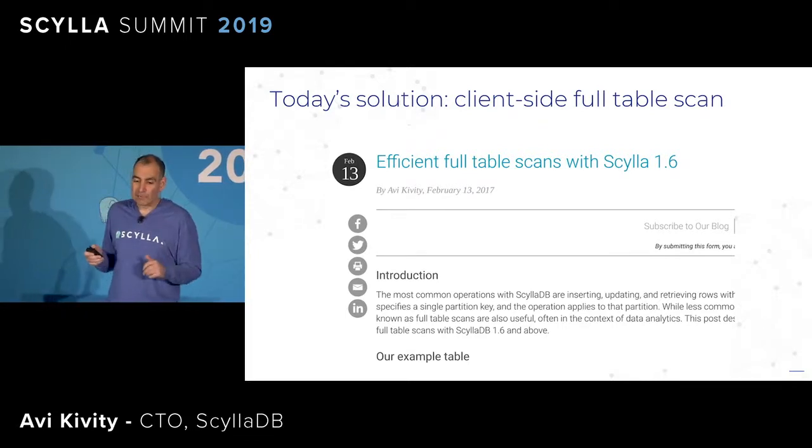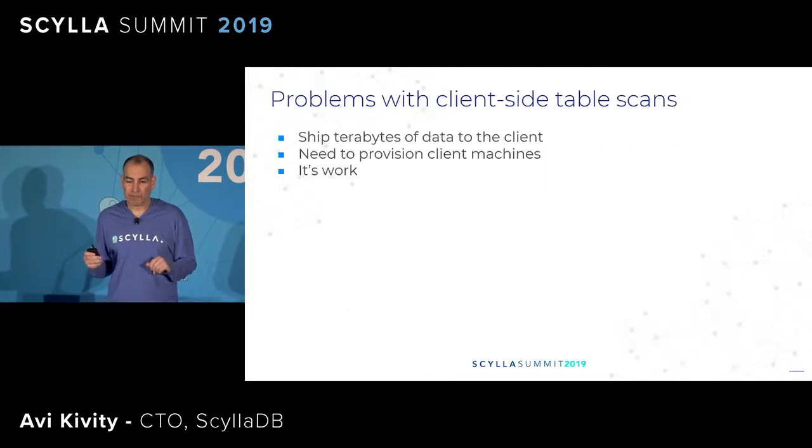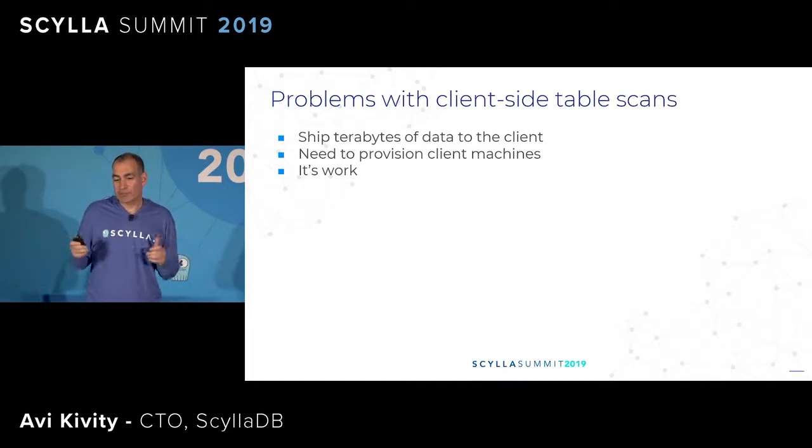And that is a lot of effort to implement. And we would like to provide a way that doesn't require all of that effort. Sometimes it's worth it, but sometimes you really want a simpler solution. So like I said, data movement, more machines, and more work to code it.